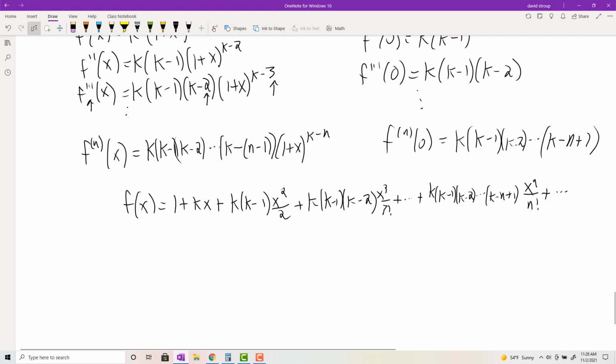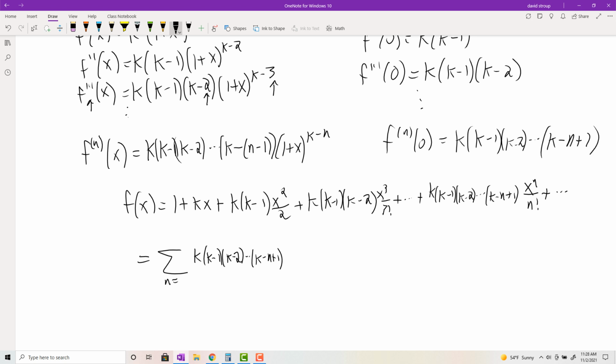Can we write that in summation notation? That will be the sum from n = 0 to infinity of k(k - 1)(k - 2)...(k - n + 1)x^n/n!.